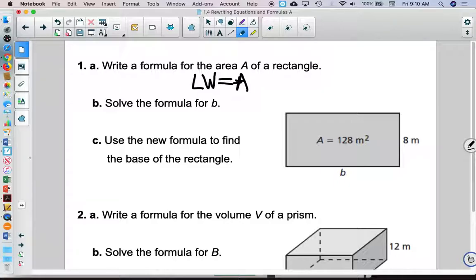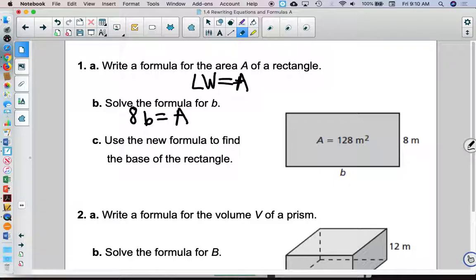Now, I want to solve the formula for B. Well, let's look at it. Is B the length? So could I say B times 8 equals A? Can I say that?